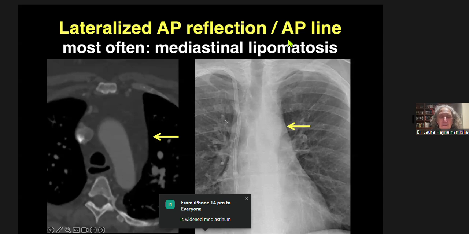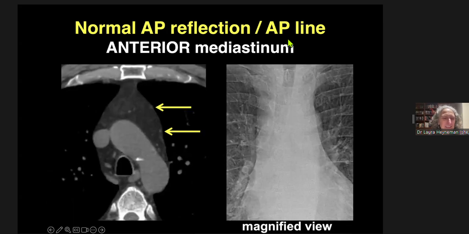You can also have an abnormality of the anterior mediastinum that's on the right and have the left AP line be totally fine. So there's no 100% here. I'm trying to give you ways to pick up subtle abnormalities, but the absence of these findings does not preclude a mass somewhere else.